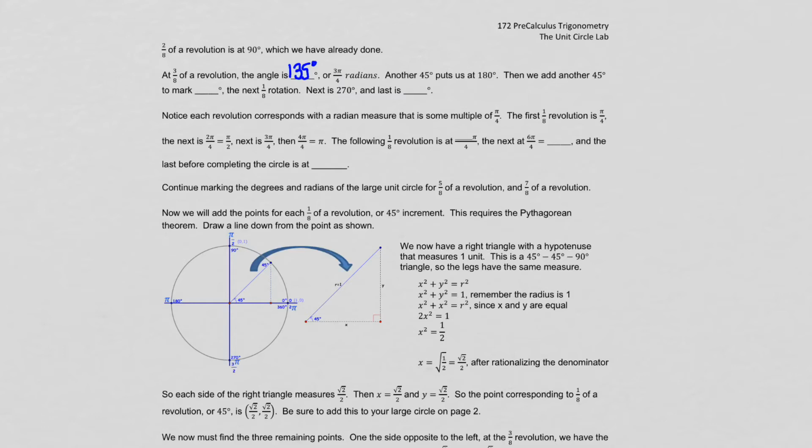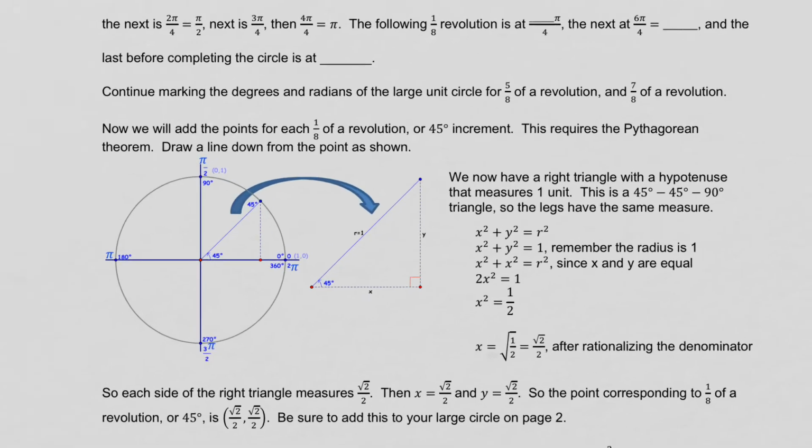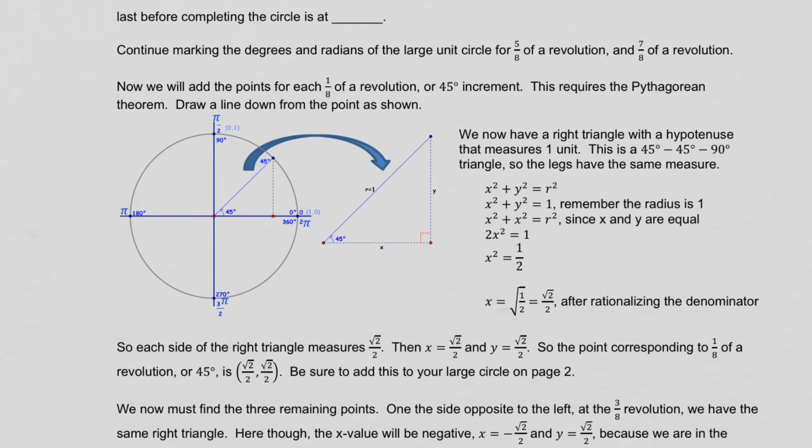We need to find the points. So if we look at this picture here, you can see that this is a 45, 45, 90 triangle. And in a 45, 45, 90 triangle where the radius is 1, which this is a unit circle, so the radius will be 1, then you can go through these calculations here and find that each side is root 2 over 2.